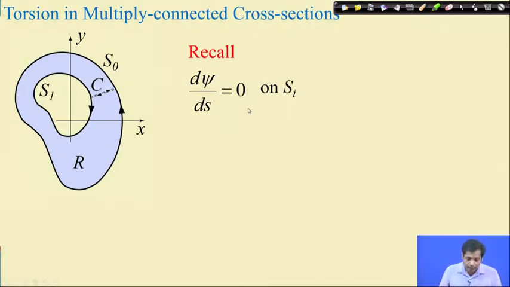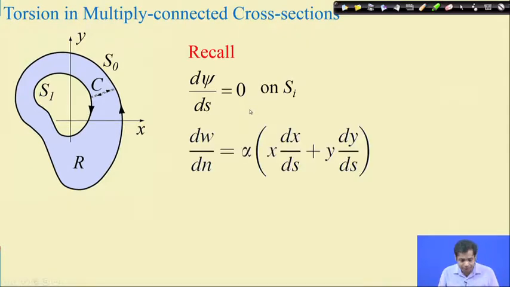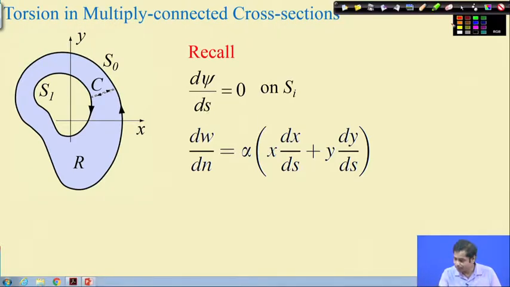Okay. Now, in the last class we discussed the displacement formulation, that if W is the out-of-plane displacement, then the out-of-plane displacement is related to the angle of twist and the unit normal as this, where, if you recall, this will be ny, this is minus ny, and this is nx.